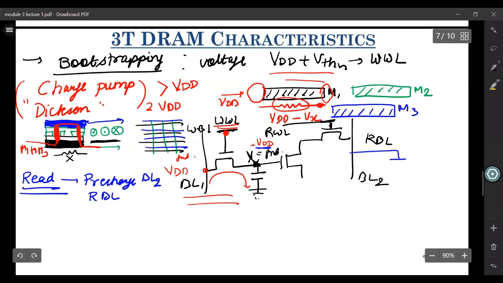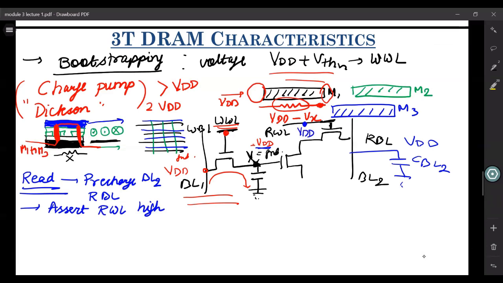So we have this capacitor over here, which is CBL2. What we do is we pre-charge it to VDD. And now we assert this read word line high. So we turn this to VDD or VDD plus VTH, whatever you want.